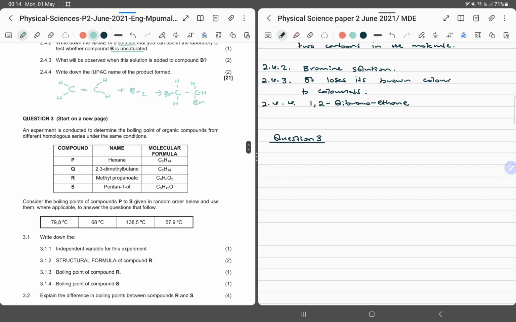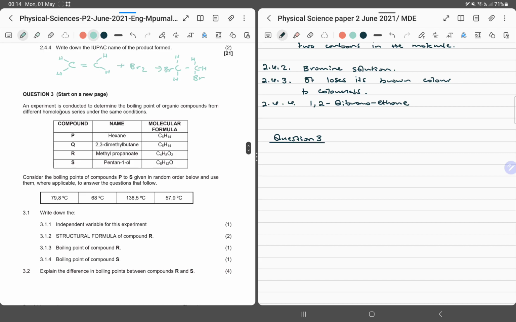Now, what do we get here? It says now an experiment is conducted to determine the boiling point of organic compounds. The purpose is to determine the boiling points of organic compounds from different homologous series, under the same conditions. We can see here compound P is hexane, an alkane.